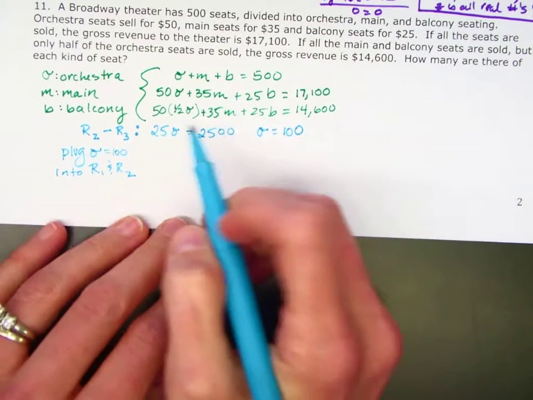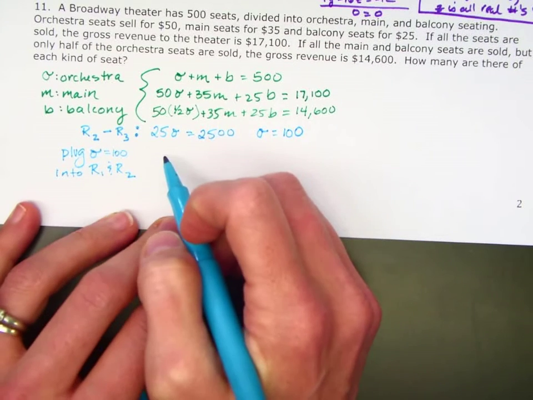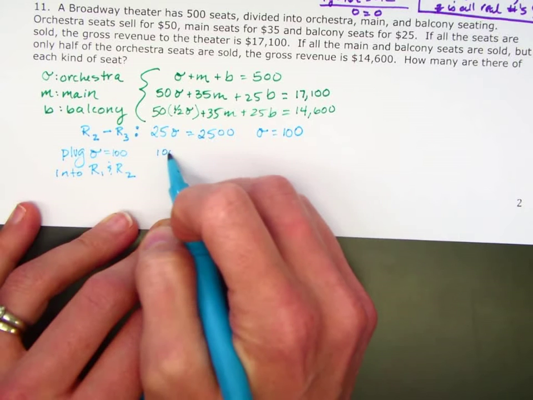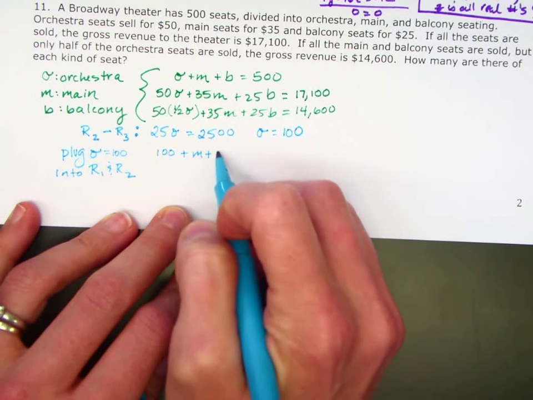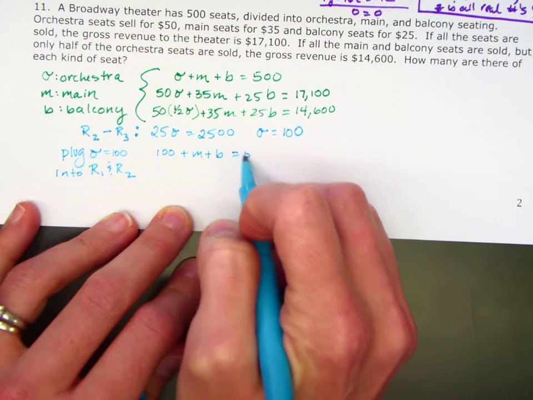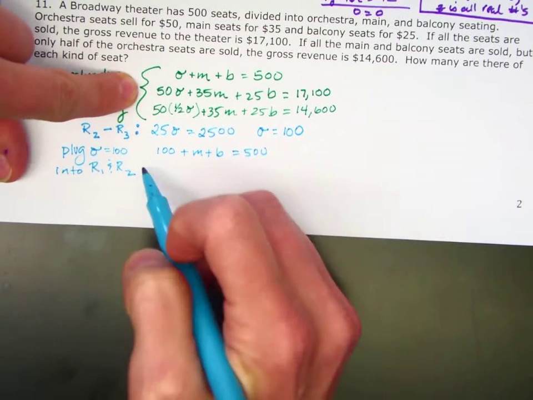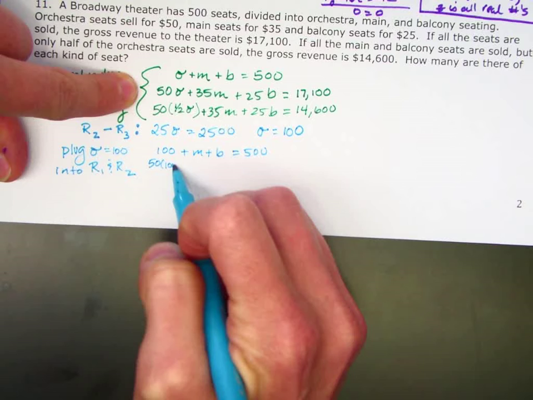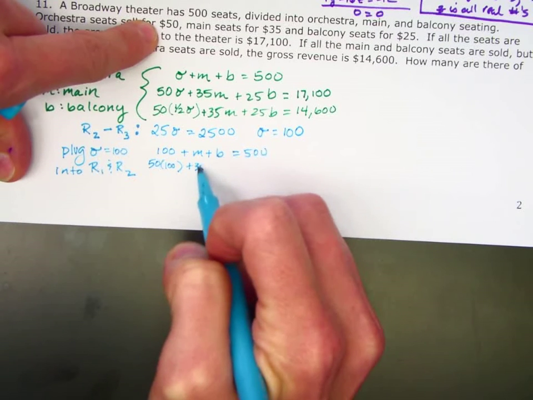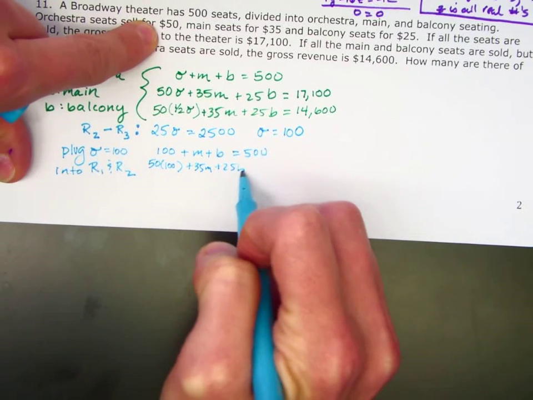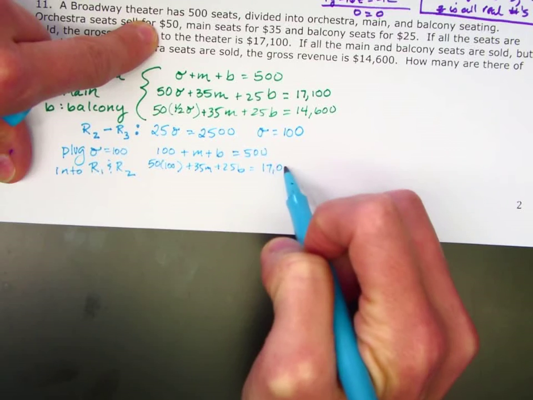Then what happens is I get 100 plus M plus B equals 500. So this is my row 1. And then row 2, I get 50 times 100 plus 35M plus 25B equals 17,100.